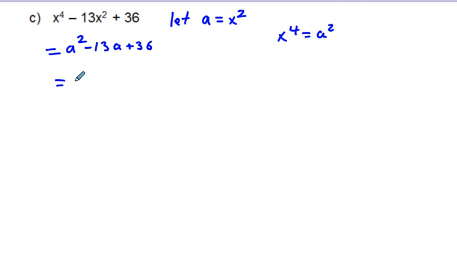And so now we can attempt to factor this quadratic trinomial, which is derived from our quartic trinomial. So we have the factors of a squared are a and a, and then what two numbers do we add together to get negative 13 but multiply together to equal 36?